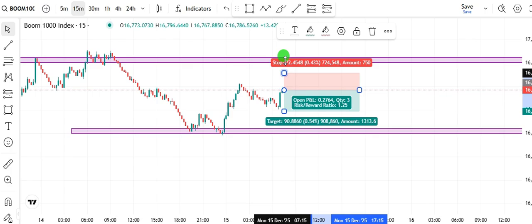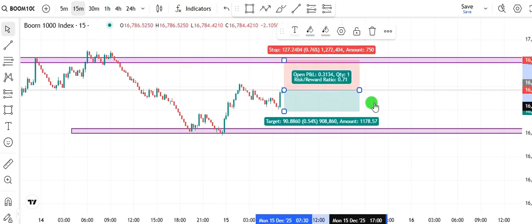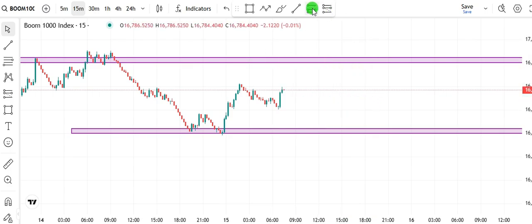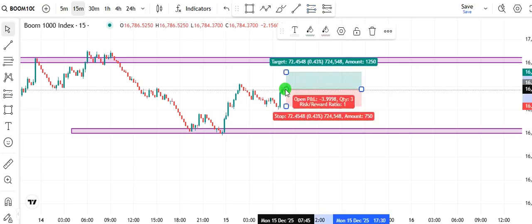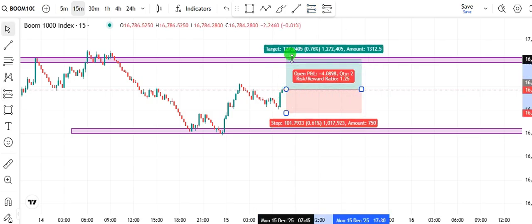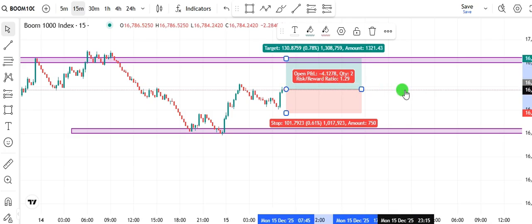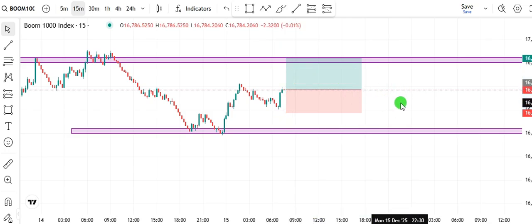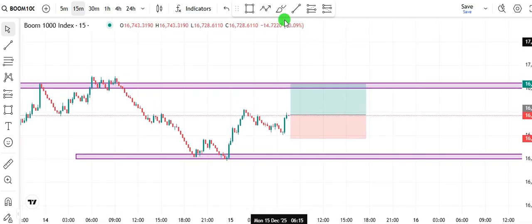Sorry, I think I chose the wrong one. I mean this. That means your stop loss is going to be below this, and take profit is going to be here. This is just extremely small, like just 1.29.